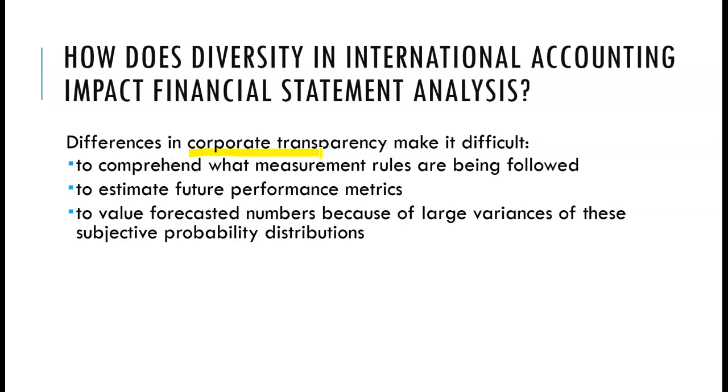For example, in developed countries like the US and UK, you can read a lot of information in the annual report. Compared with developing or emerging economies, where the information is not fully transparent, it makes it difficult to comprehend what measurement rules are being followed by the company. It's also difficult to estimate future performance metrics and to value the forecast numbers.